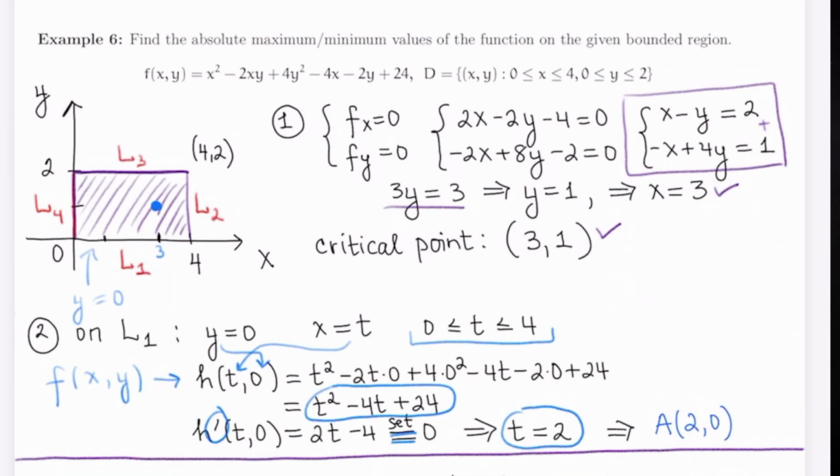So we have our first point right here, A, with coordinates (2, 0). Because this is a polynomial that's opening up, we know that that's going to be our local minimum. Let's go ahead and mark it on my graph. So (2, 0).